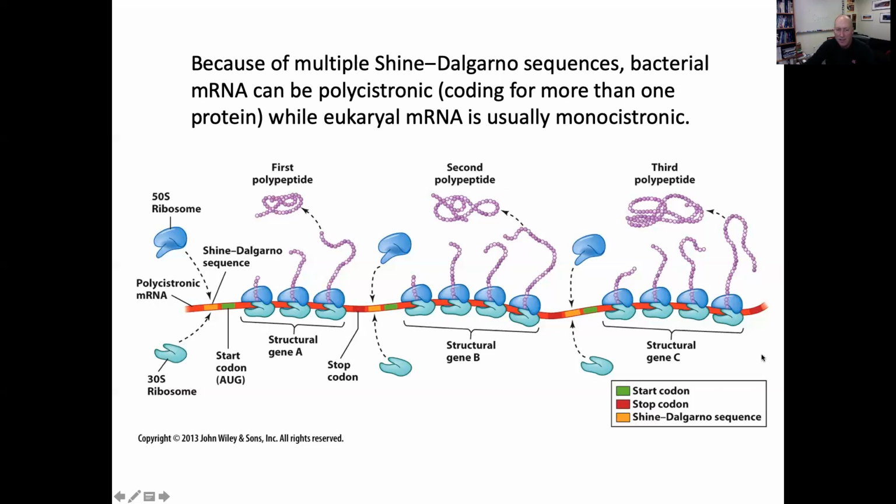And although you can't see it here, it's also important to remember that because there's no nuclear membrane in a bacterial cell, the ribosome can actually be working on this first gene while the messenger RNA is still being made down here. So this is showing a fully synthesized messenger RNA, but in fact, you can have translation happening while transcription is still occurring.